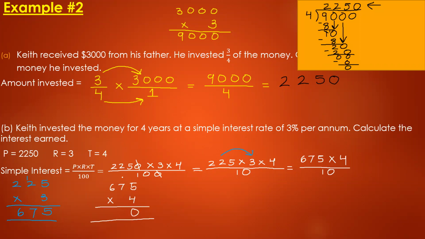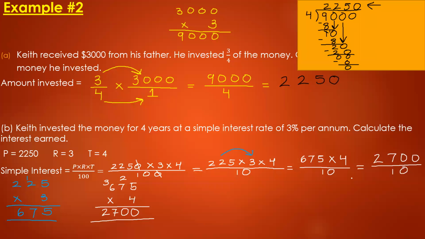Put the 0 down, put the 2 up. 4 times 7 is 28, plus 2 is 30. 4 times 6 is 24, plus 3 is 27. And so we are left with 2,700 over 10.